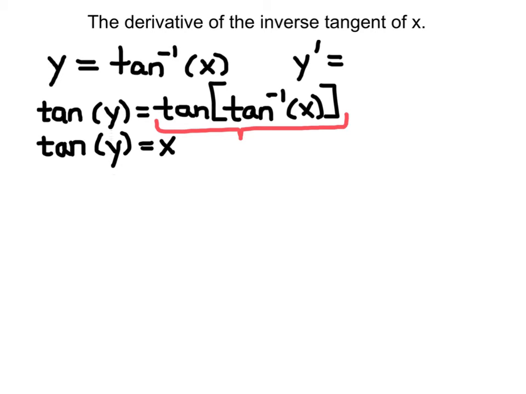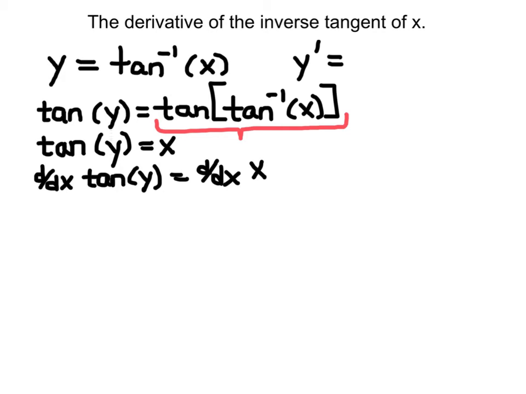Now we're going to use implicit differentiation, and we're going to take the derivative with respect to x of the left-hand side, which is the tangent of y, remembering that y is a function of x, and then the derivative of the right with respect to x, which is the derivative with respect to x of x. Now the left-hand derivative, we need the chain rule.